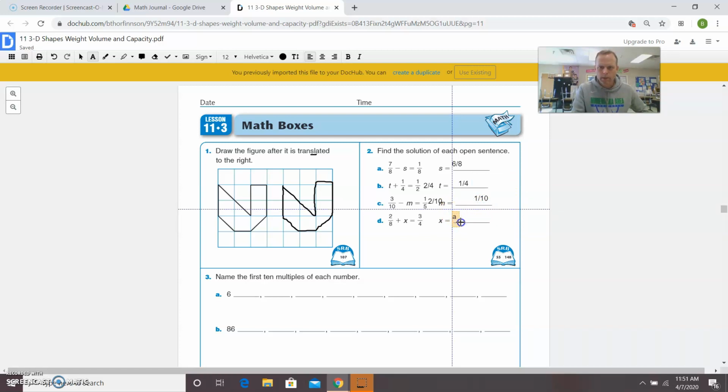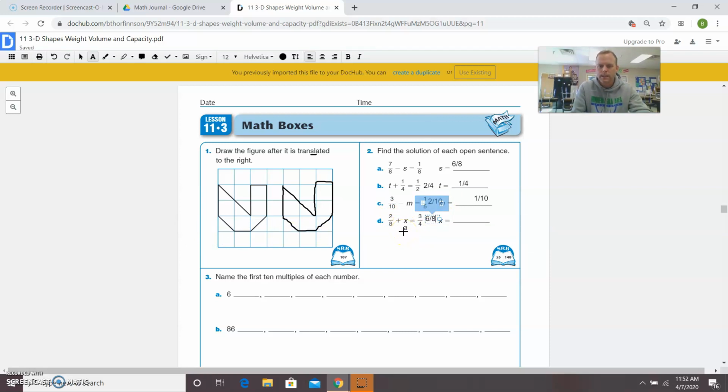Next one. Same deal. We have to change this into eighths. So 3/4, if we change it into eighths, we're going to multiply by 2, because 4 times 2 is 8. Well, 3 times 2 is 6/8. So now 2/8 plus what number gives us 6/8?